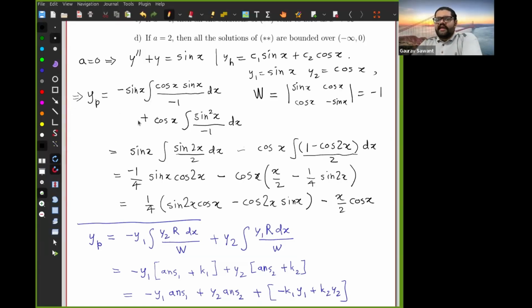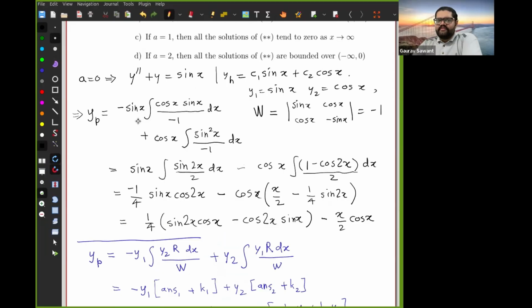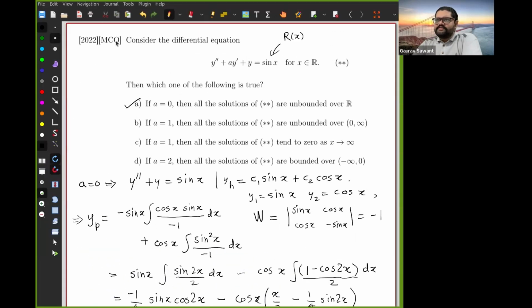So, like a mini exercise for everyone: this being an MCQ question, only one of the answers was correct. But just for practice, you could try to find the particular solution for the case a equal to 1 as well as a equal to 2.